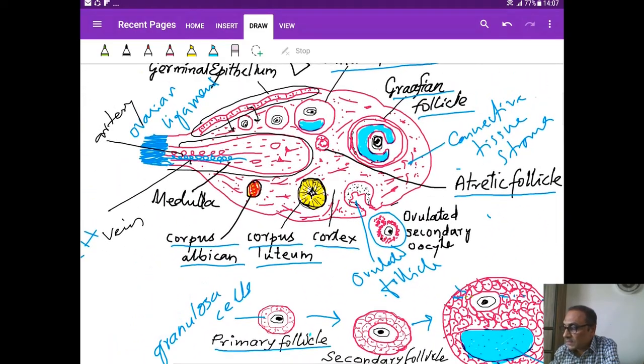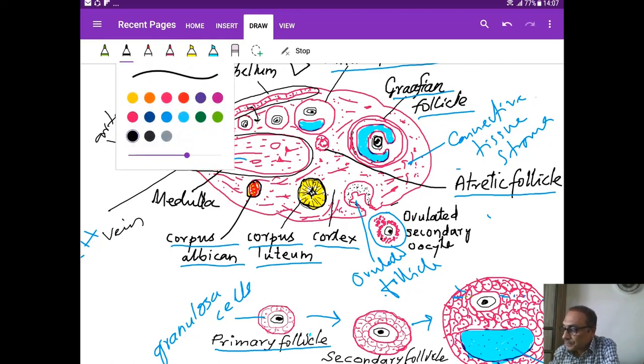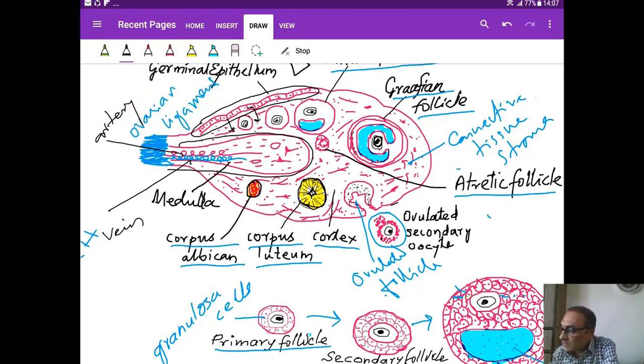And the other region, the remaining part of the ovary, we call it the cortex. This is the cortex. From here to here also it is the cortex. So in the cortex we find that there are the growing ovarian follicles. Okay, so that is called the cortex, and there is a connective tissue stroma also, which keeps all these held together.